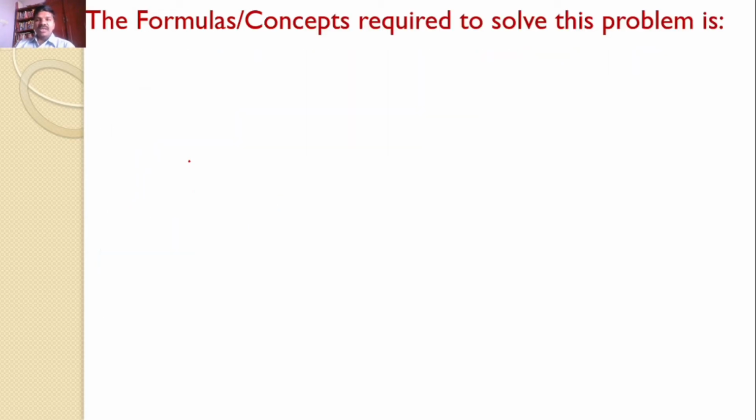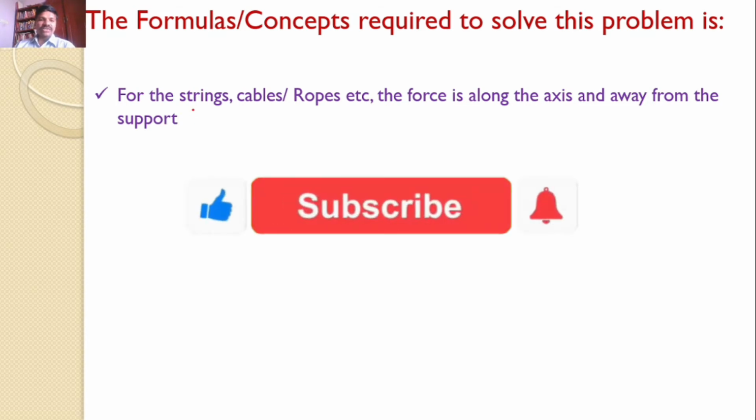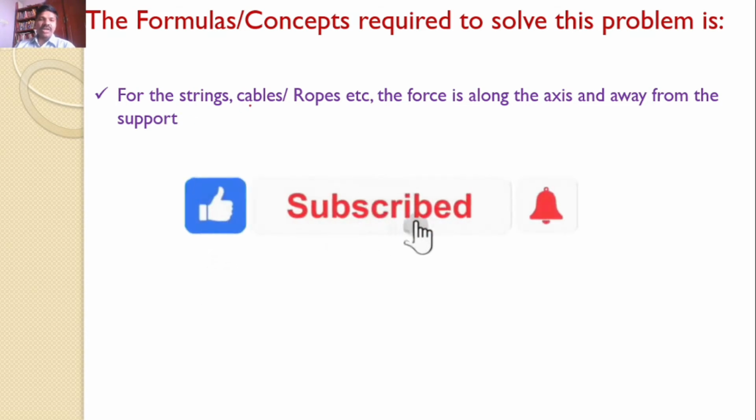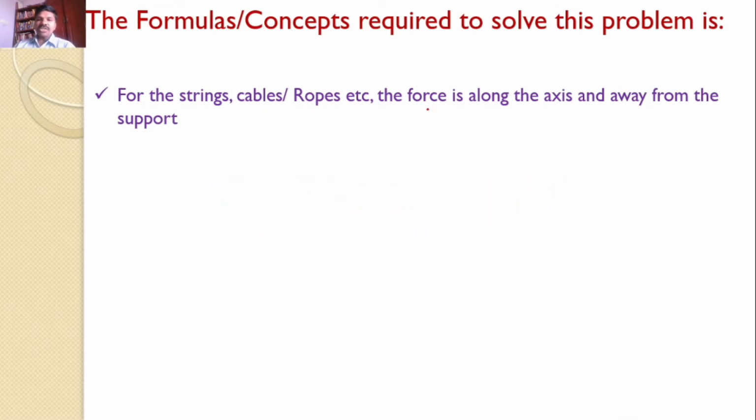The formulas or concepts required to solve the problem are: if any system contains the string or cable or ropes, etc., the force is along the axis and it is away from the support.